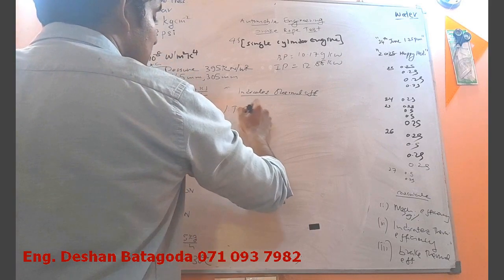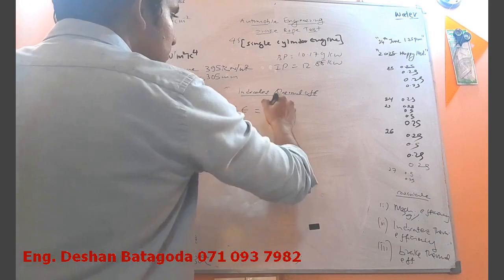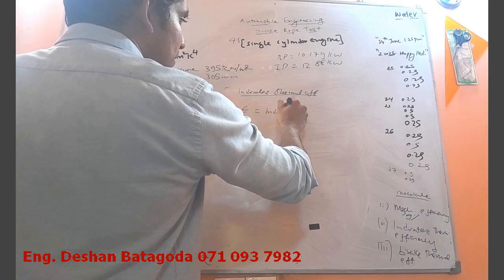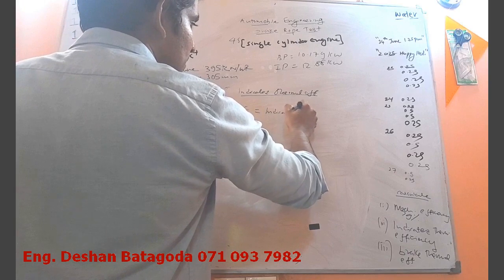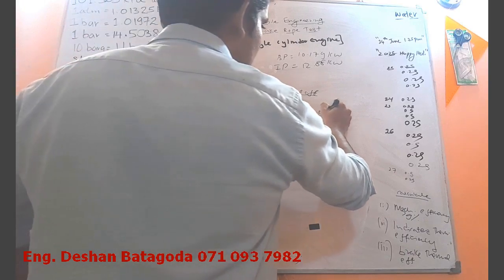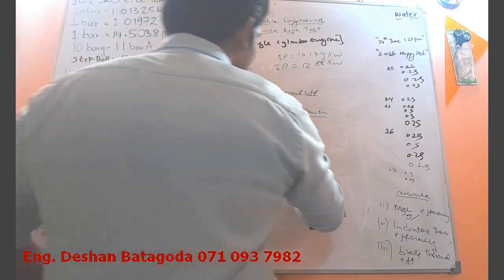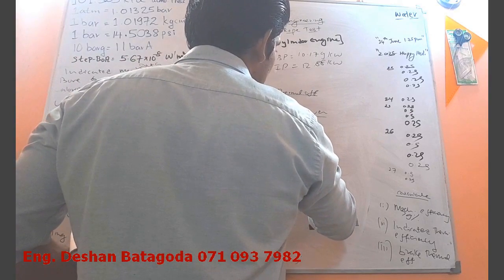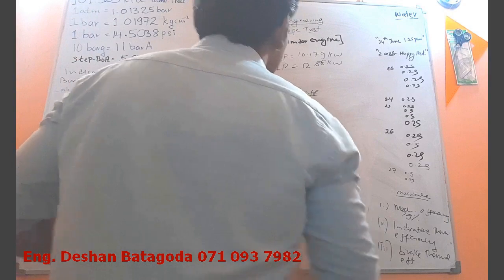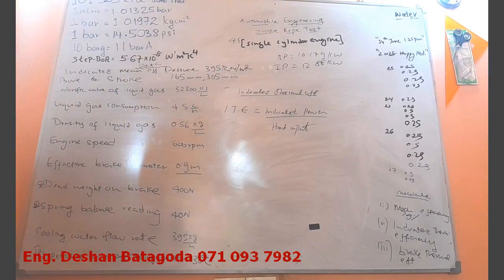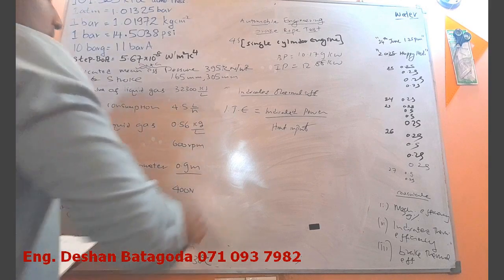Indicated thermal efficiency, ITE, means indicated power divided by heat input. So indicated power we already know. Now we have to find the heat input.